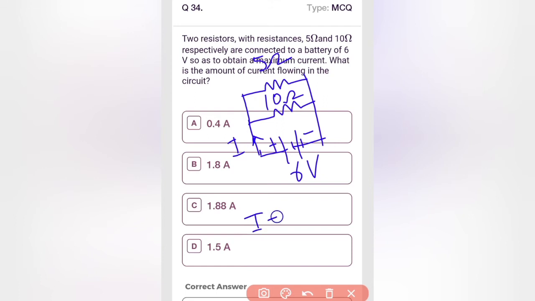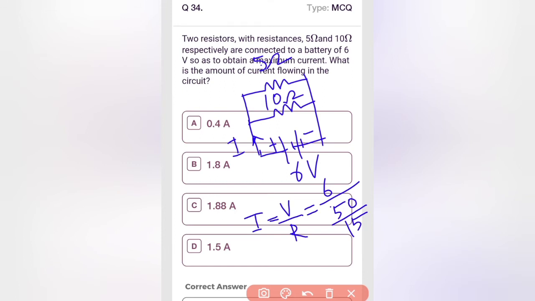So I is equal to V by R. Here we know the two resistors are connected in parallel to get the maximum current. So 5 into 10 divided by 5 plus 10, that will be the total resistance, whereas the voltage is 6. 5 into 10 is 50 divided by 5 plus 10, that is 15.